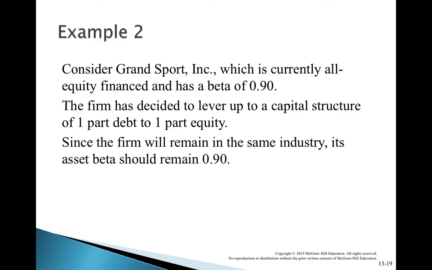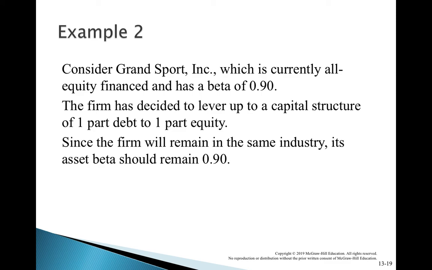Previously the company was all equity, 100% equity, and its beta is 0.90. That means the 0.90 will equal the asset beta also, because that was the all equity beta, the unlevered beta.